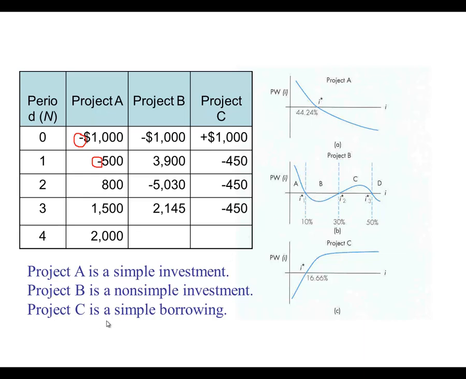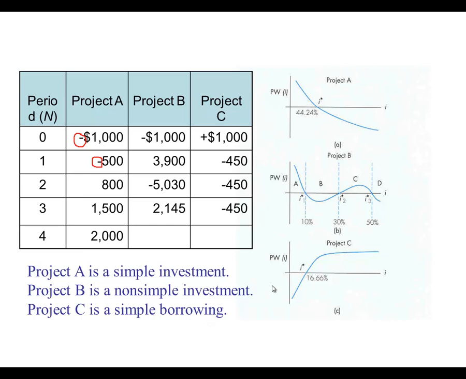For project C, it's a borrowing case where we have positive because I took money from the bank, so I put money into my pocket and started making monthly payments. That's why we have one change in the sign, positive, negative, negative, negative, which means that it's simple borrowing.